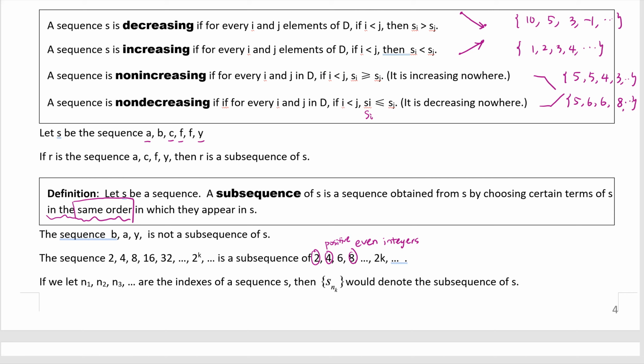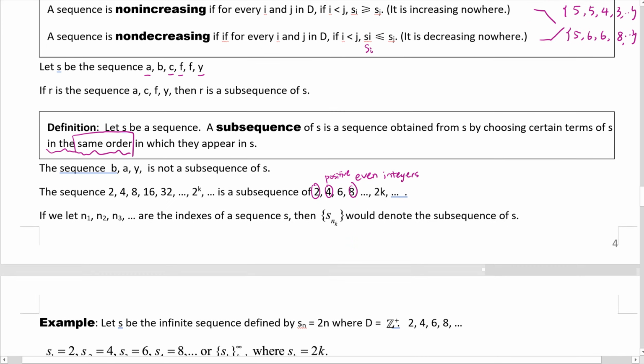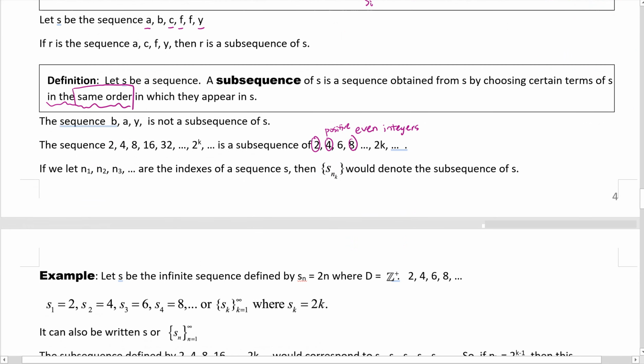This is a subsequence. Next, if we let n1, n2, n3 be the indices of a sequence S, then S sub nk denotes a subsequence of S.